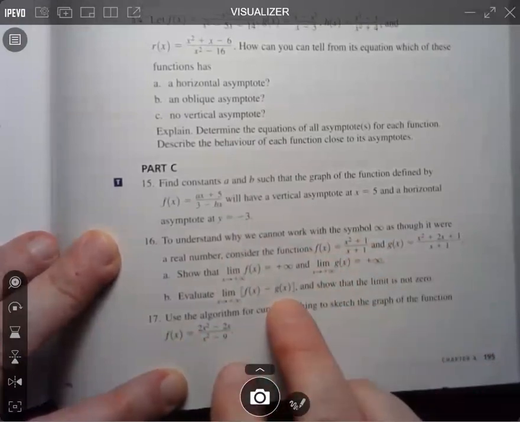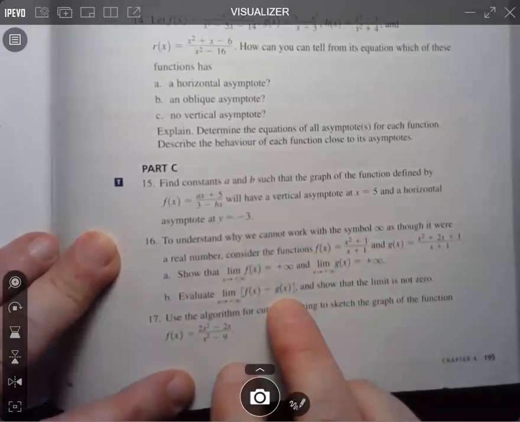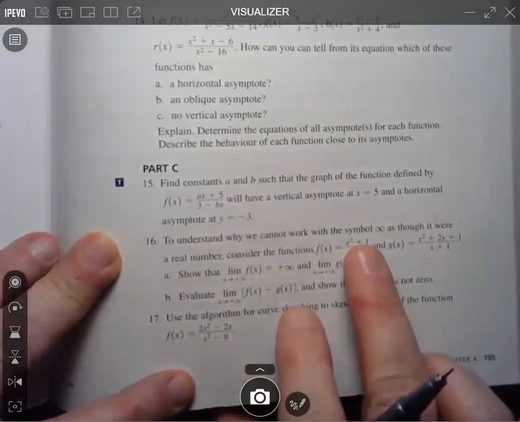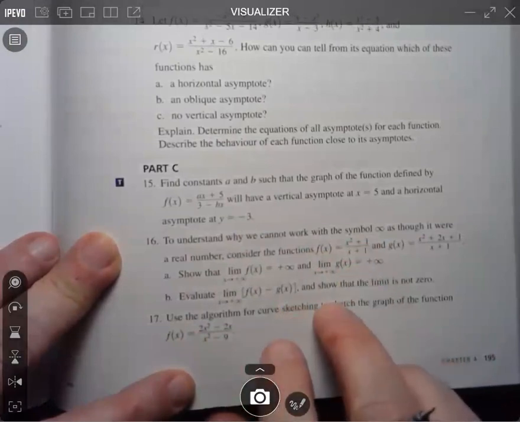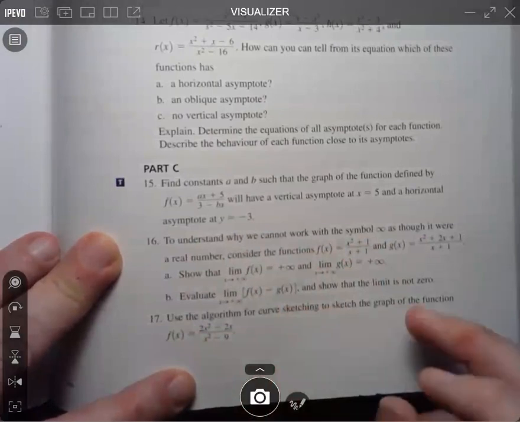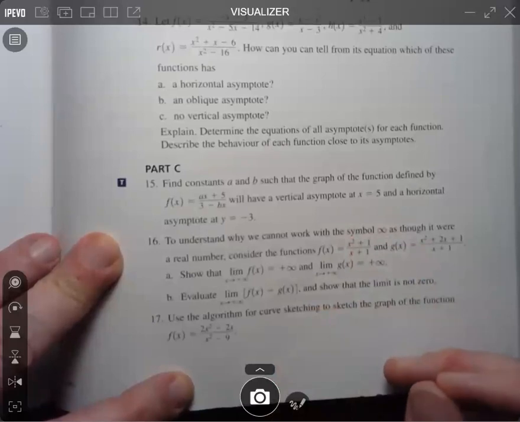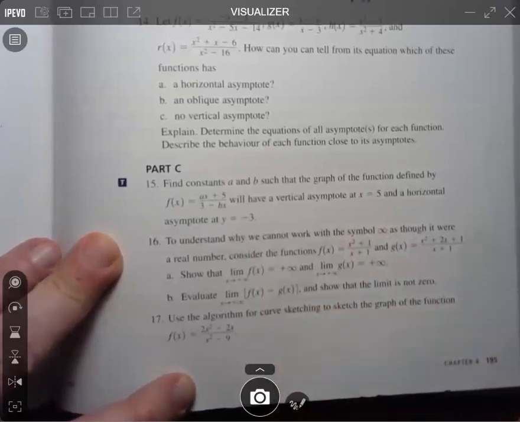If you think of this one here, the numerator and denominator are both approaching infinity. But does that mean we can just divide? Infinity divided by infinity, if you treat it like a number, would just be 1, which of course may or may not be the case.